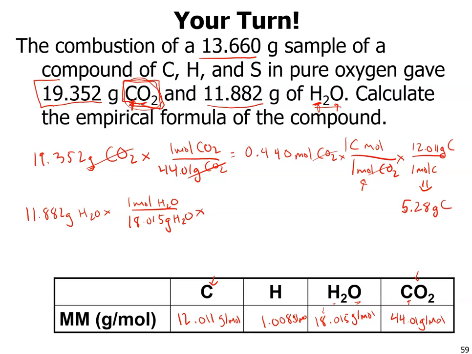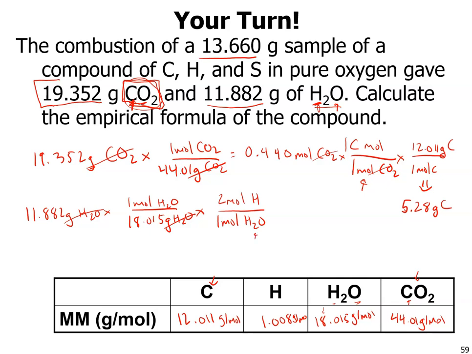I'm going to just continue on, so you avoid some rounding errors if you do this in one calculation rather than stopping and then typing in 0.440 times 12, for example, in the example above. So I'm going to just keep going. My units are currently in moles of water. So the next step is I want to cancel out moles of water using the ratio: if I have 1 mole of H2O, I get 2 moles of hydrogen out of that because there are 2 in that compound.